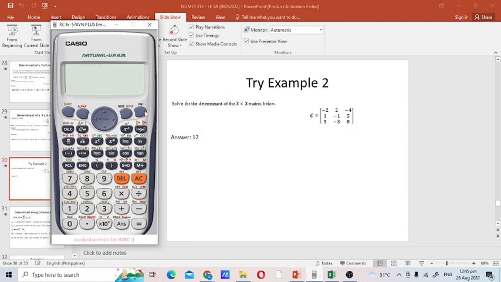So however, the limitation of this calculator is it can only handle up to 3 by 3.